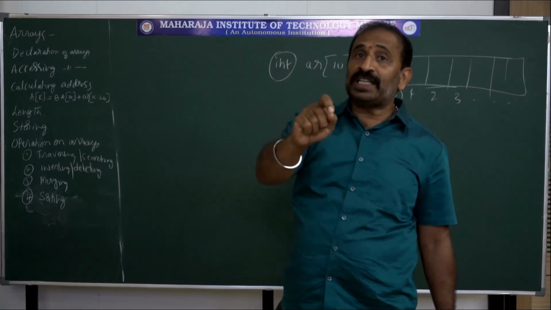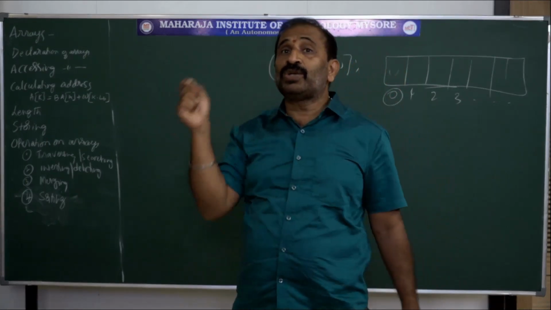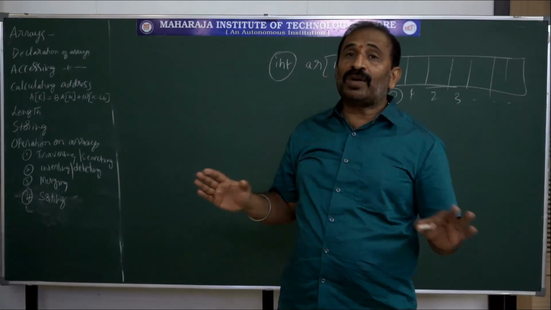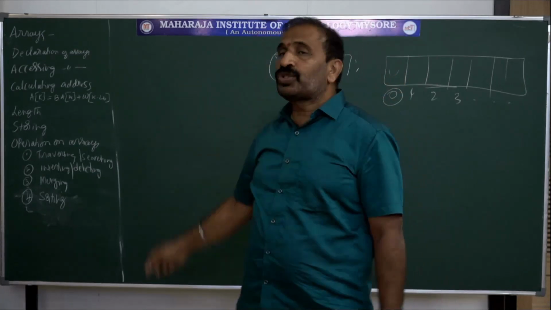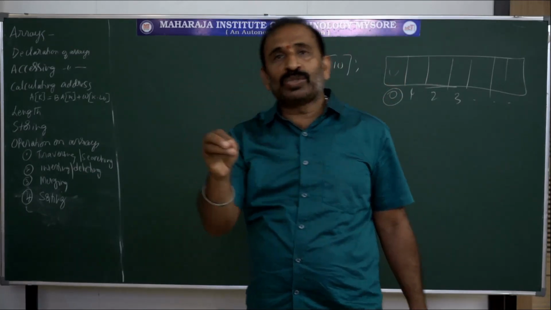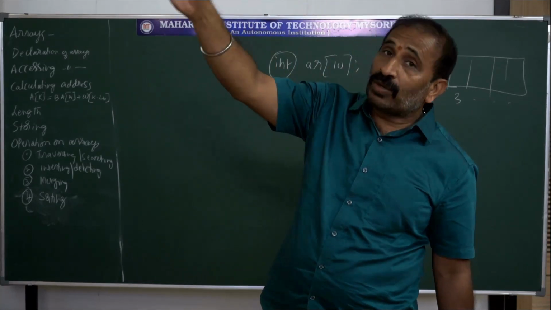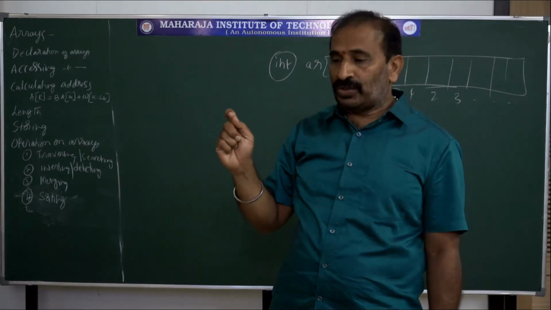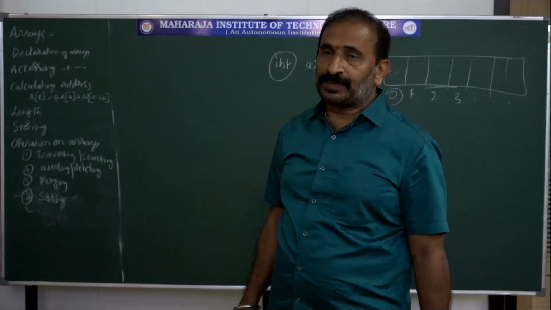This facility is there only for arrays. No other data structure, which you will be seeing in the subsequent semesters, will have such a facility. Only arrays have it, so you can store elements by randomly accessing whichever location or indexed value you want.